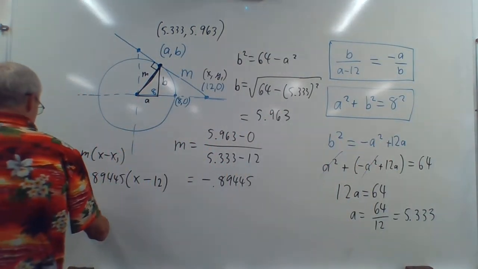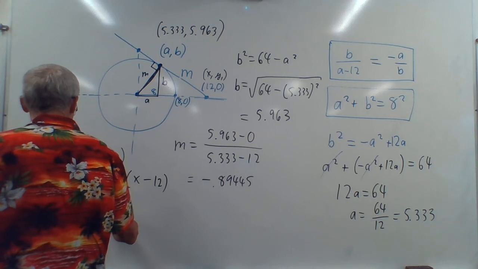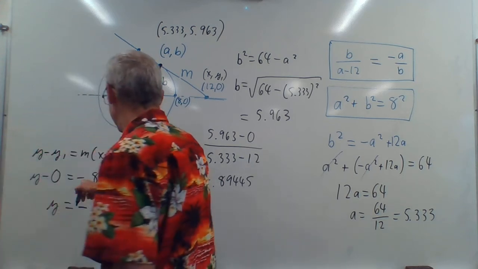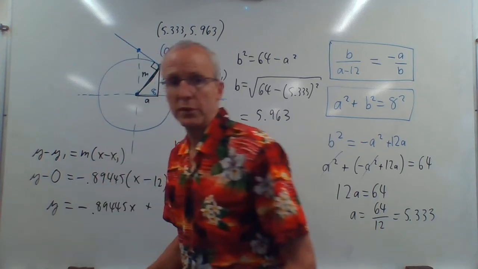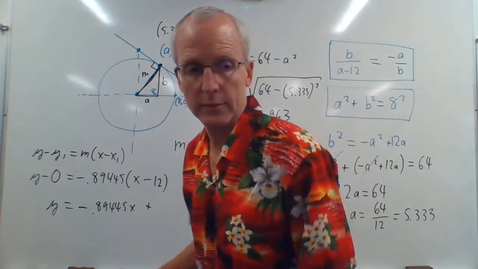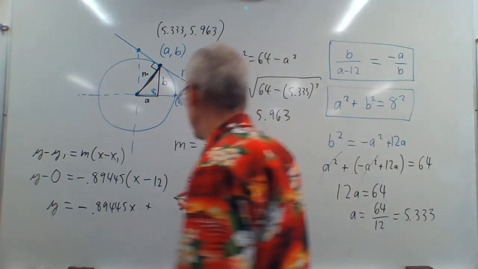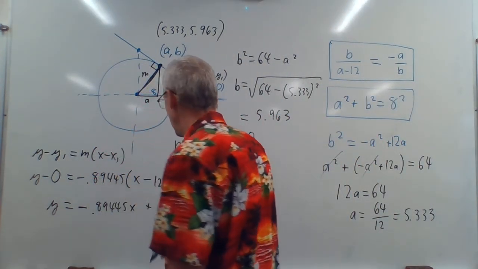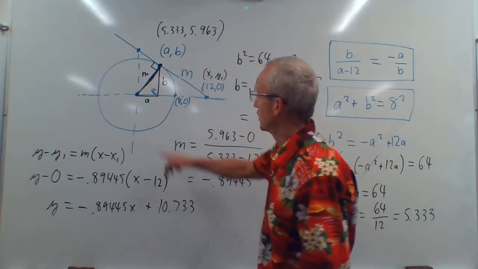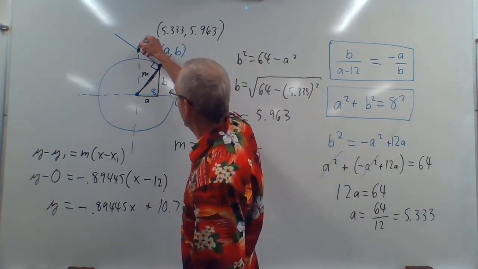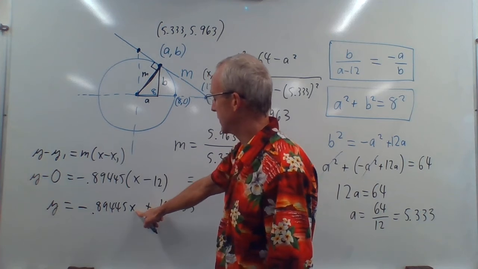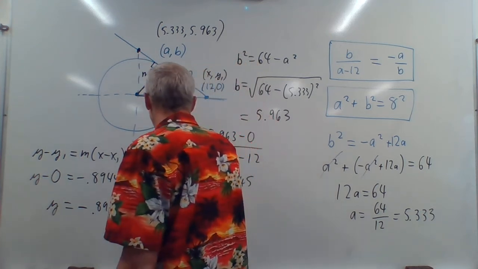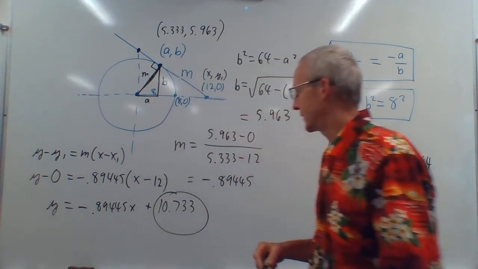So y is equal to negative 0.89445x, negative times negative is plus, 10.733. Okay. So this is the y-intercept, which is the point we want. When x is 0, y is equal to that. So our answer is 10.733.